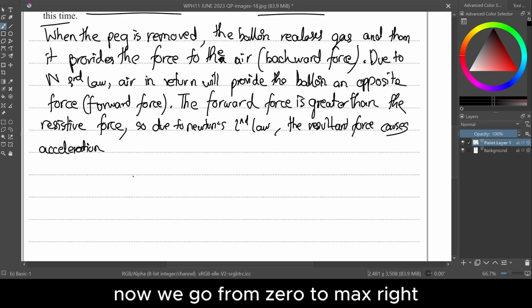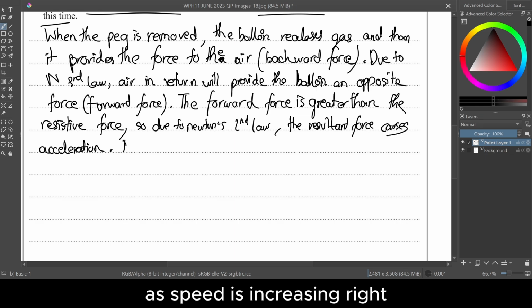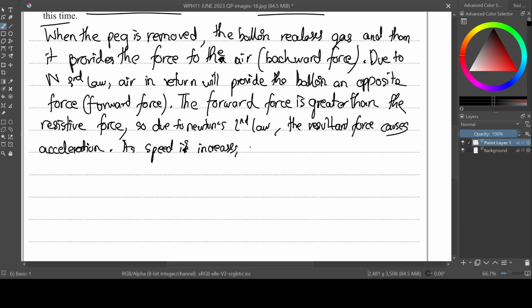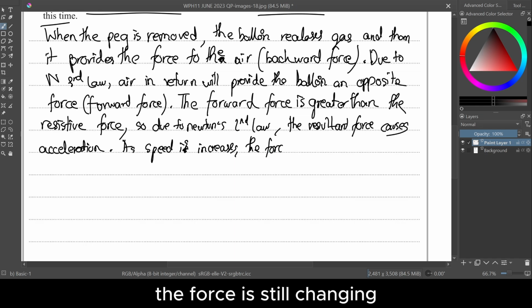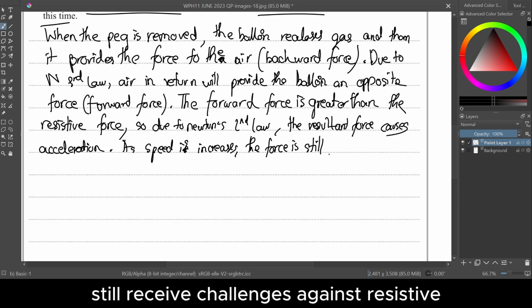Okay, now we go from 0 to max, right? So the speed is increasing, right? As speed is increasing, the force is still changing, meaning the balloon will still receive challenges against the resistive force, right?